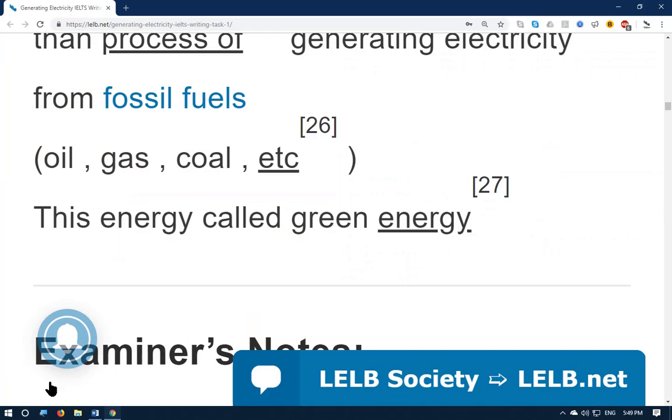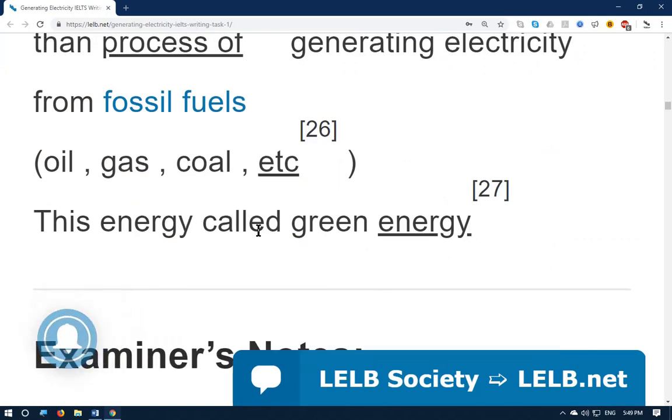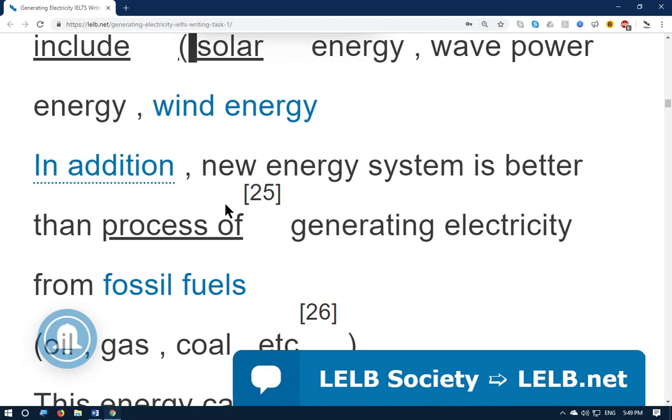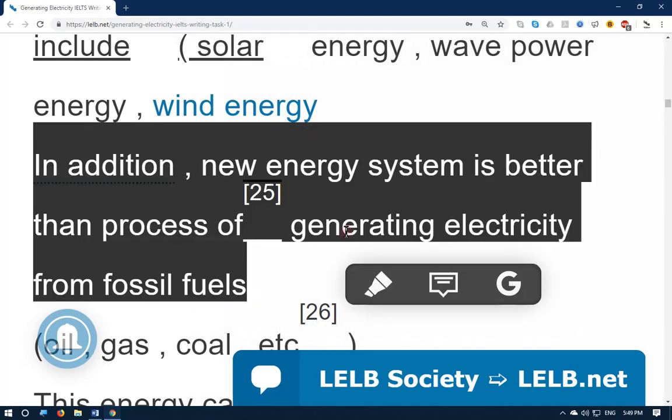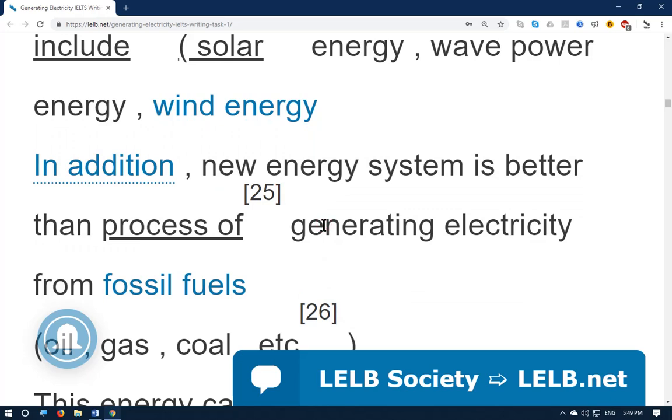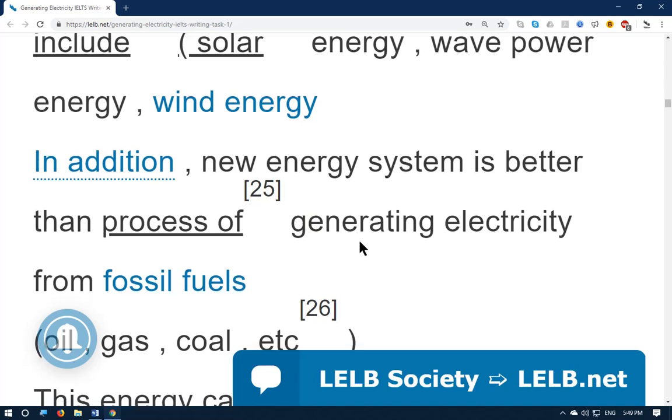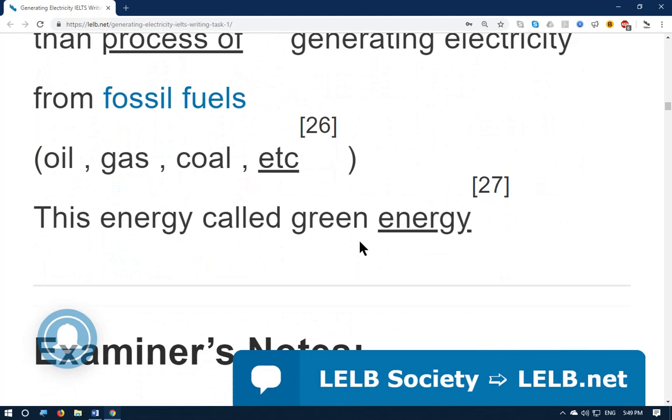Okay, the energy, so this part, remember, this part as a conclusion actually is irrelevant to the diagrams, because in the diagrams nothing was mentioned about, for example, green energy or fossil fuels or something like this, so it must be avoided.